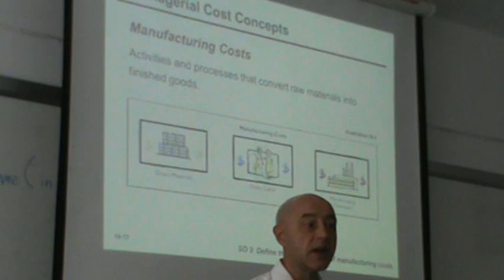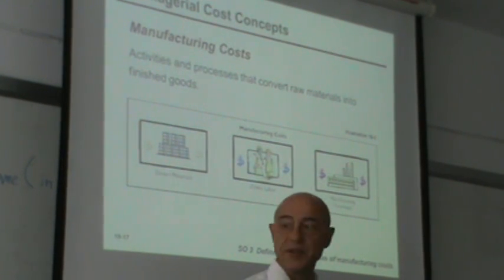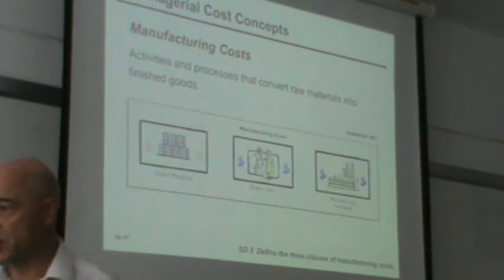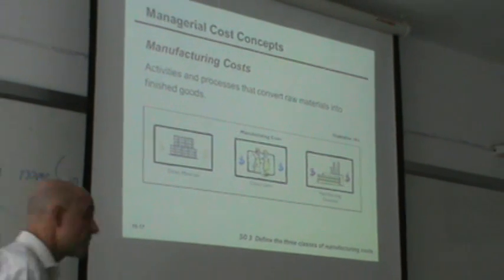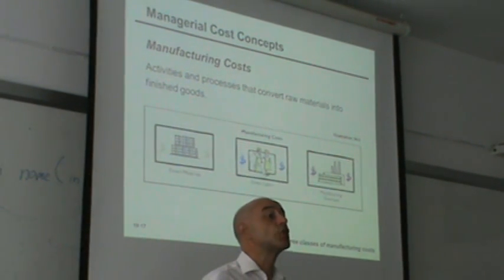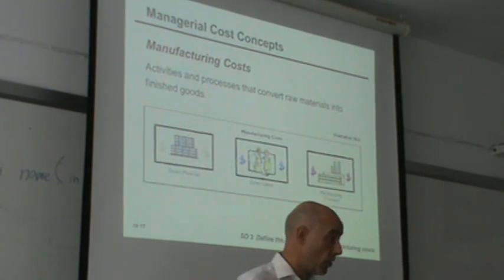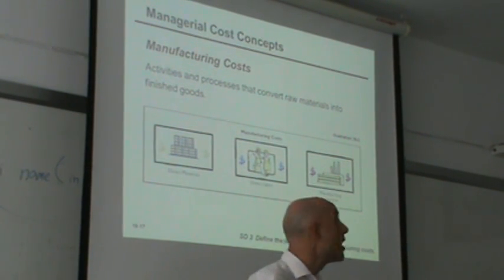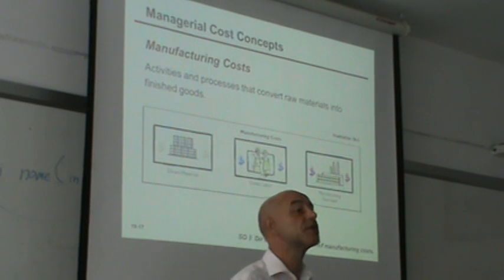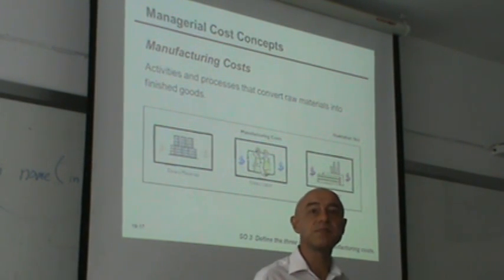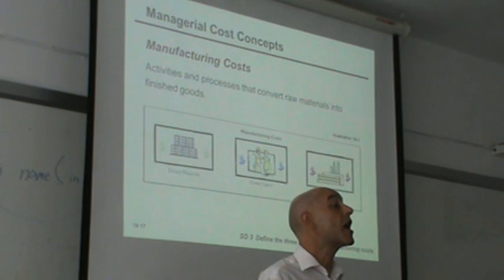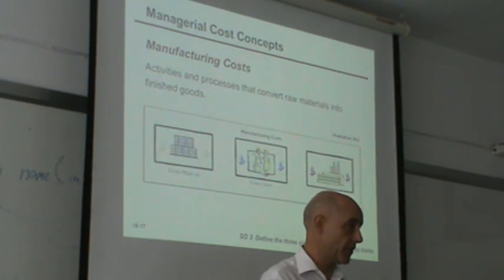Now we're getting to the real heart of the course, the basics of the course. And the basics of this course are related to costs. Most of what we're going to be doing for the rest of the course is about costs. And most of managerial accounting, as I explained last time, is cost accounting.